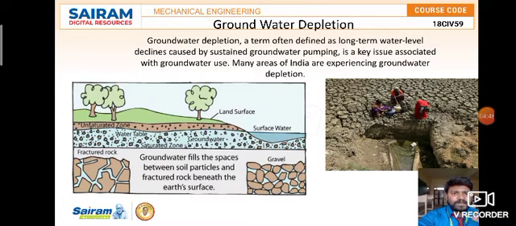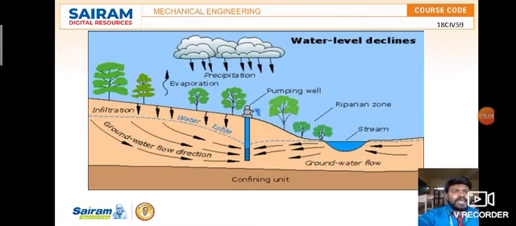Groundwater fills the spaces between soil particles and fractured rock beneath the earth's surface. These gaps exist underneath the surface, and the water is stored in those spaces. In the process shown here, the water level declines: from the clouds, due to rainfall, precipitation takes place, and water droplets fall on the ground.